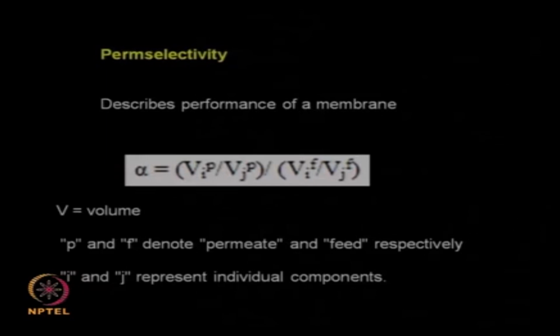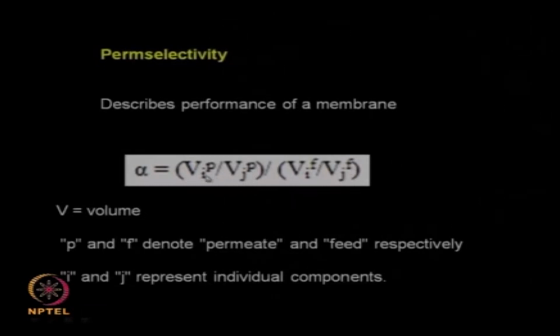Now there is another term called permselectivity. Suppose you have two species I and J. What is the selectivity of the membrane for species I as against species J? That is what is called permselectivity. So how do you define it? We have VIP divided by VJP, divided by VIF divided by VJF.